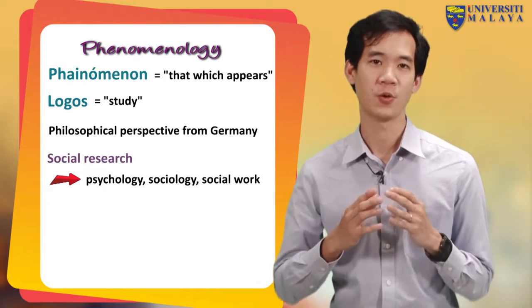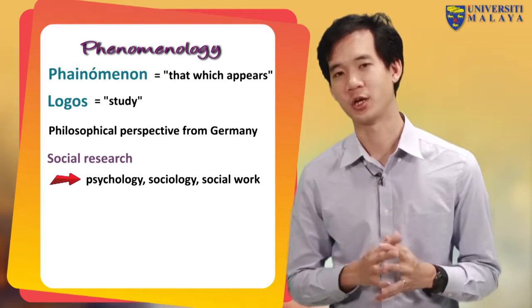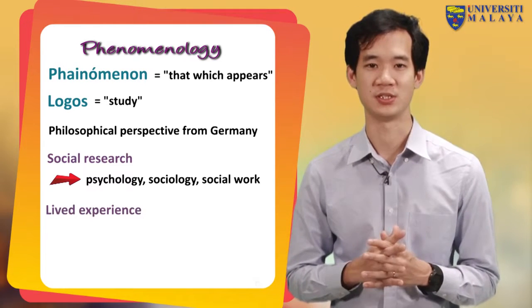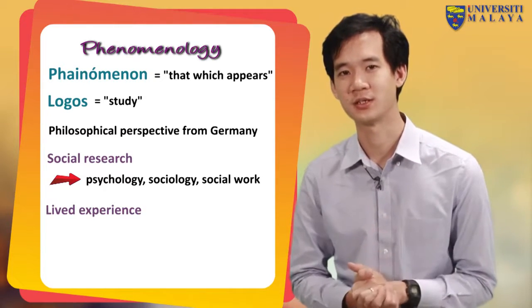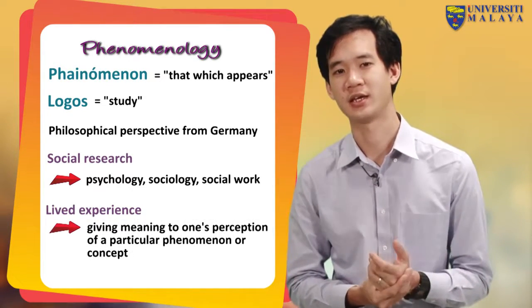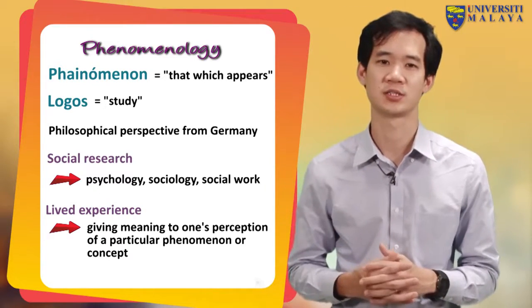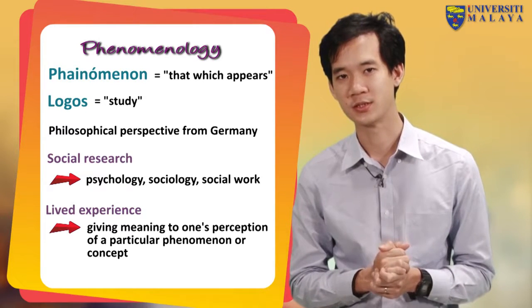Personal perspectives and interpretations of events or topics are of interest to phenomenologists. Thus, one key concept that we should understand when we look at phenomenology is that of the participant's lived experience. This means that as people go through an event in life, they develop a very unique self-awareness or a perception of that phenomenon or concept.